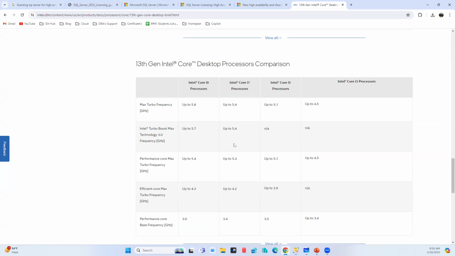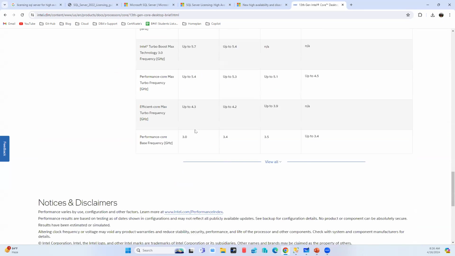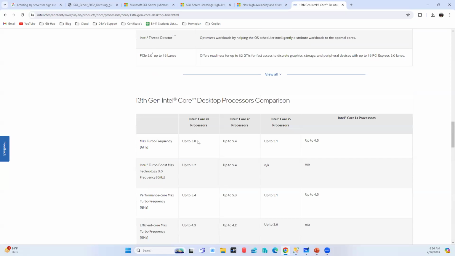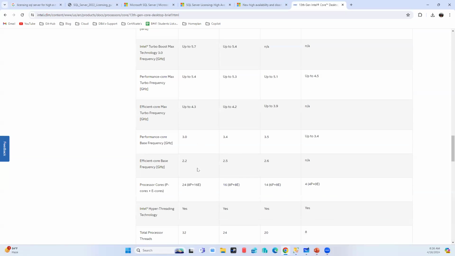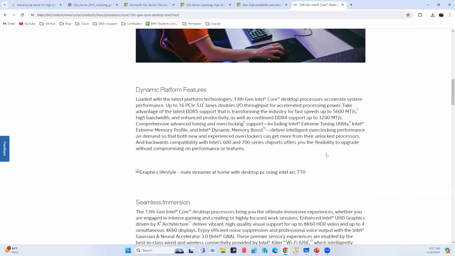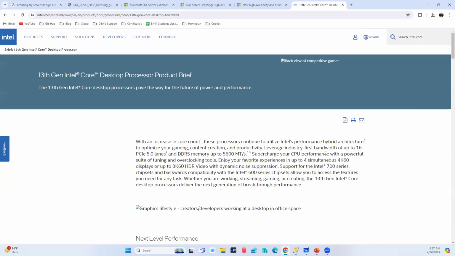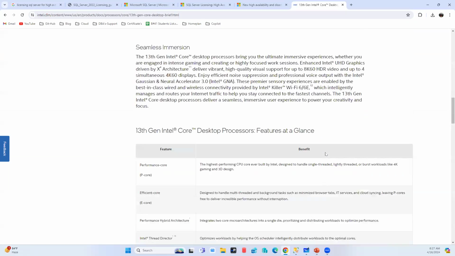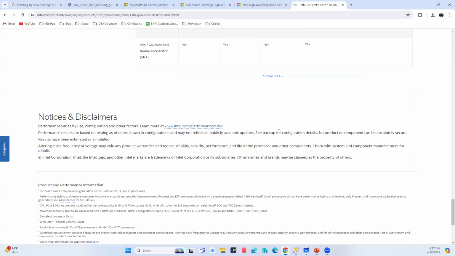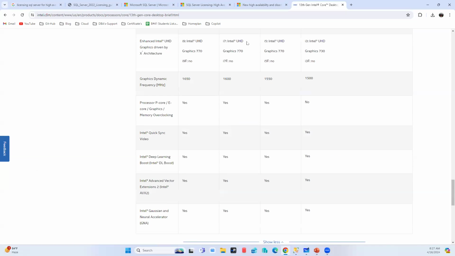Minimum to minimum, how many cores is it offering? Speed in processor 5.9 up to 5.4. Where are they telling the count? I want to see the count.